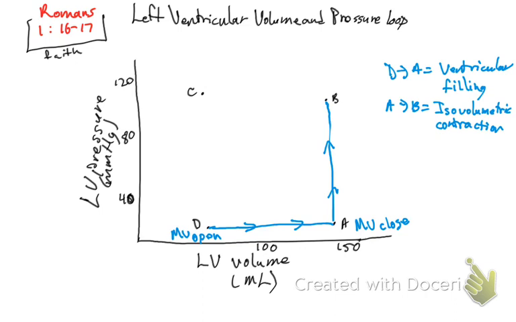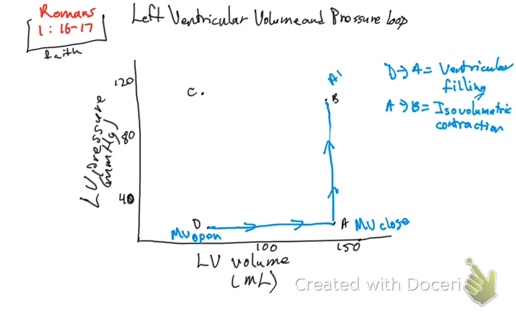Okay, so we already saw the filling. When the mitral valve opens, it makes sense: it's open, so it's going to enter, it's going to fill. But then when the mitral valve is closed, there's contraction, and it's going to be isovolumetric. But then after that, when you arrive at point B, your aortic valve opens because you're contracting, so the blood from the left ventricle needs to come out.